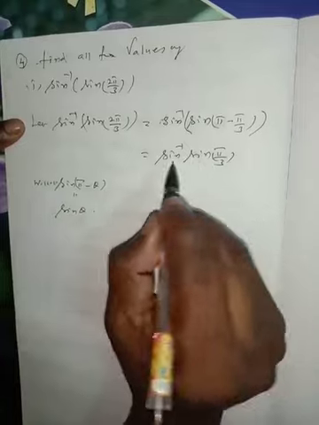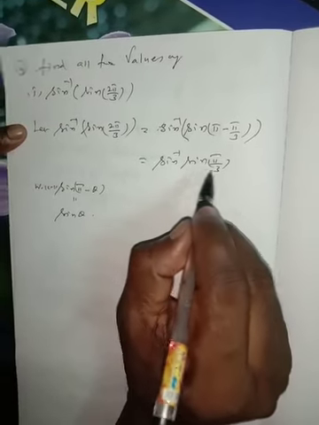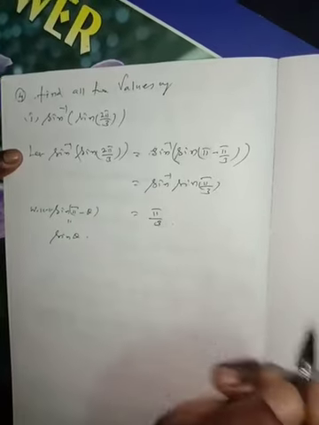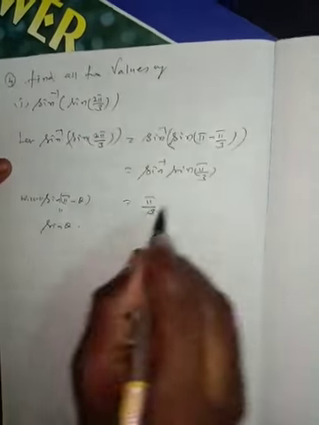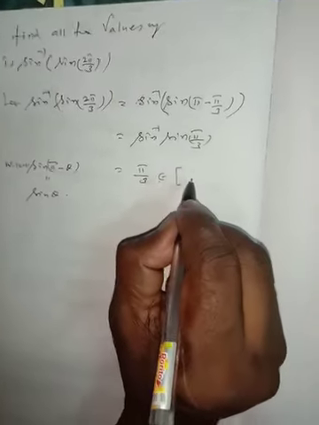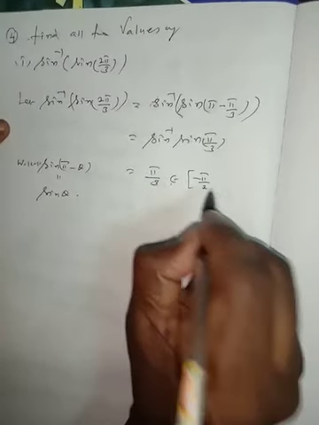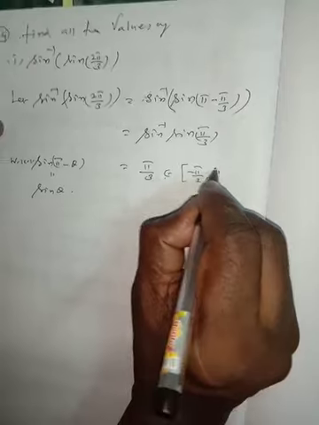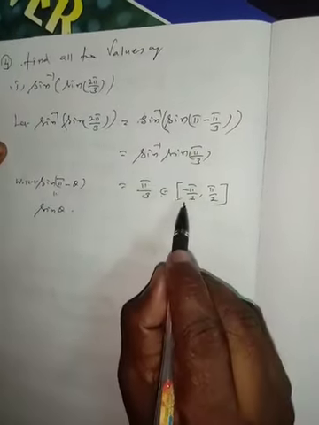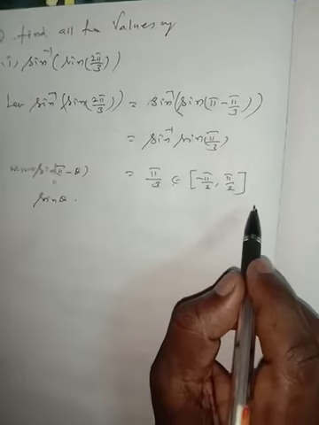We know that sine inverse of sine of pi by 3 is pi by 3. Pi by 3 belongs to minus pi by 2 comma pi by 2, the range of the sine inverse function.